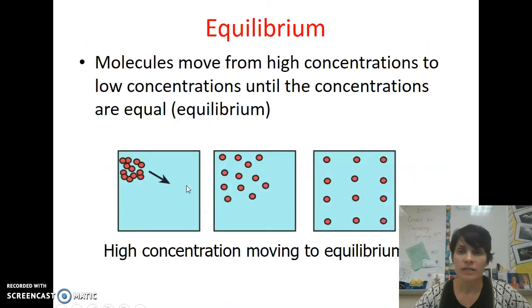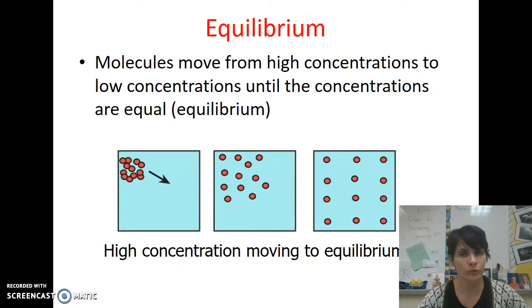Equilibrium. All of these molecules are moving, and they're moving ultimately until they reach an equilibrium. If we have a higher concentration of molecules right here, they spread out until they reach equilibrium. You know this because when you're in the hallway or in the boys' or girls' locker room and somebody sprays Axe cologne or spray, it spreads through the entire locker room, making you gag, right?